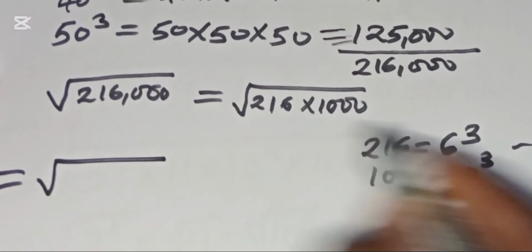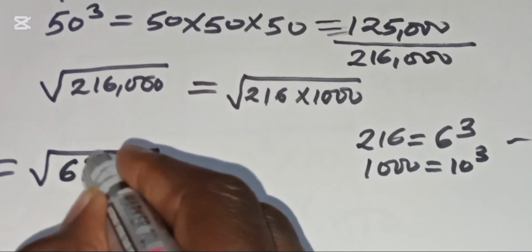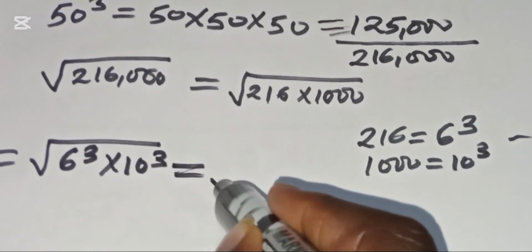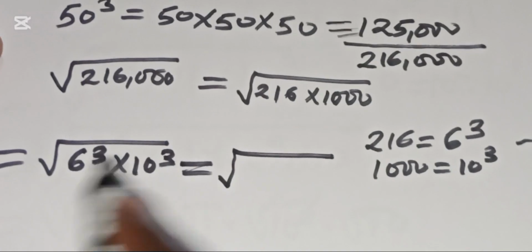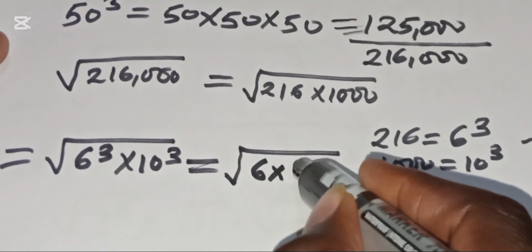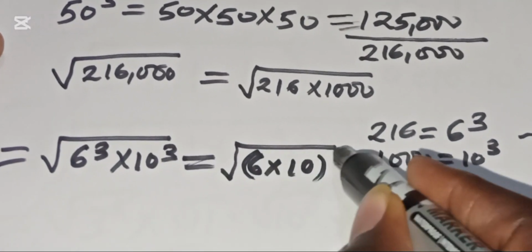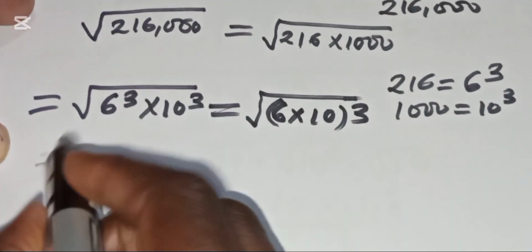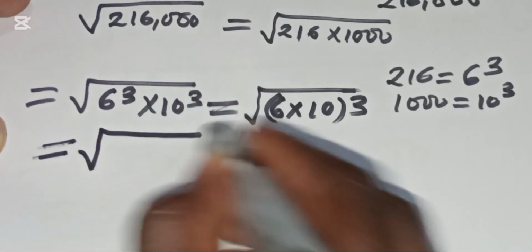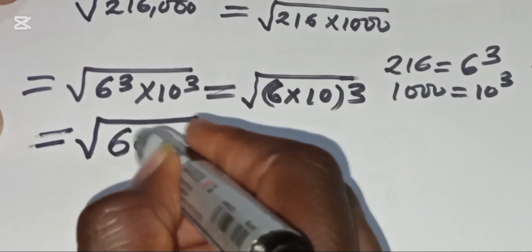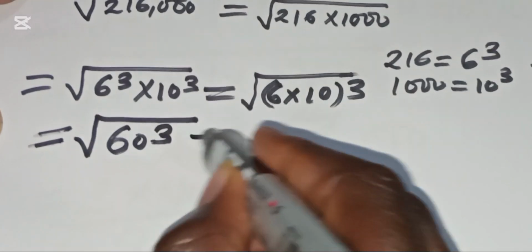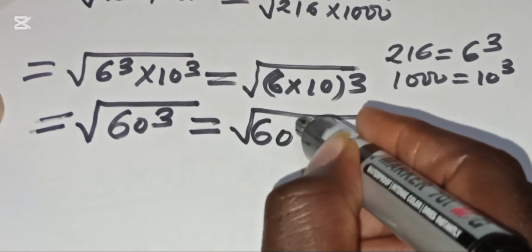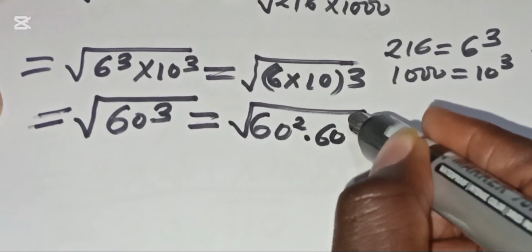We're going to have the square root of 6 cubed multiplied by 10 cubed, which is the same thing as 6 multiplied by 10 raised to power 3, and that is the square root of 60 cubed. And 60 cubed can be expressed as 60 raised to power 2 multiplied by 60 raised to power 1.